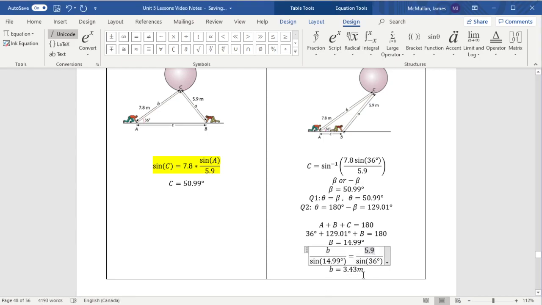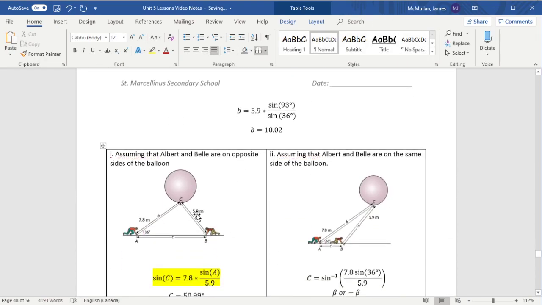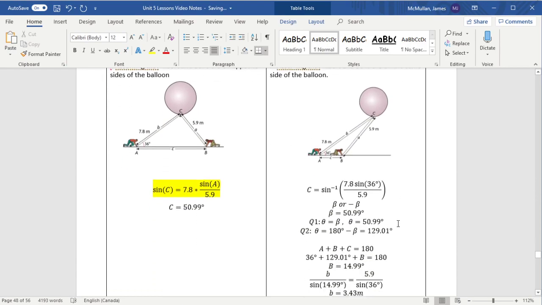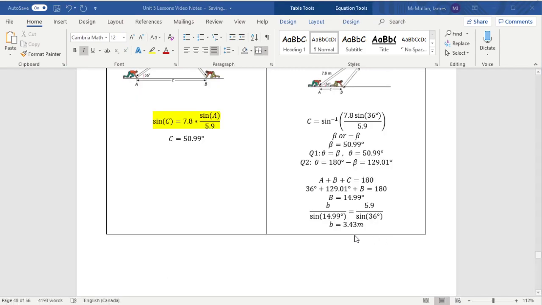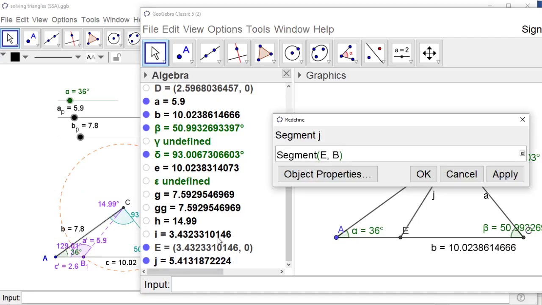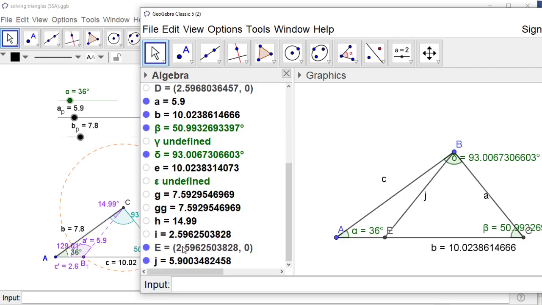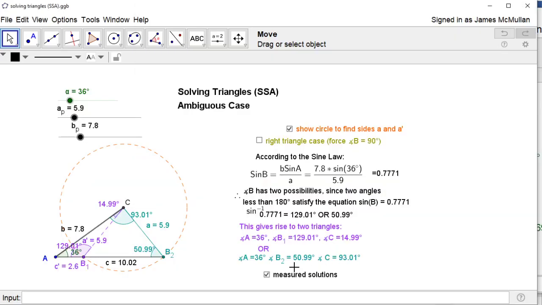It's supposed to be 5.9 over sine 36, because the 5.9 side is across from the 36. For some reason I thought these two were connected. They're not. That's a mistake. With that fixed, I typed 7.8 but should have typed 5.9, and then I find that it's 2.596. So let's say 2.6 meters apart.